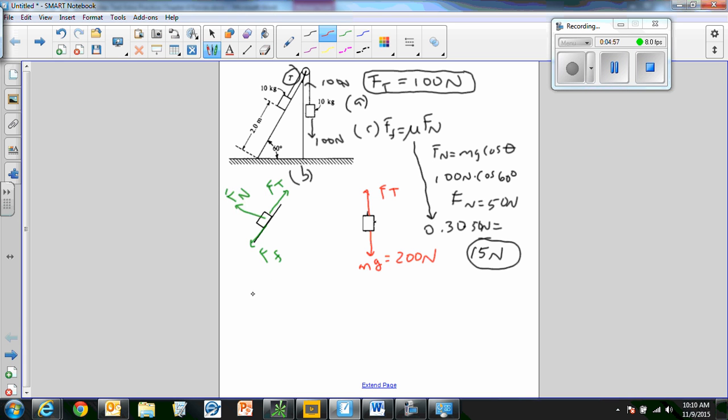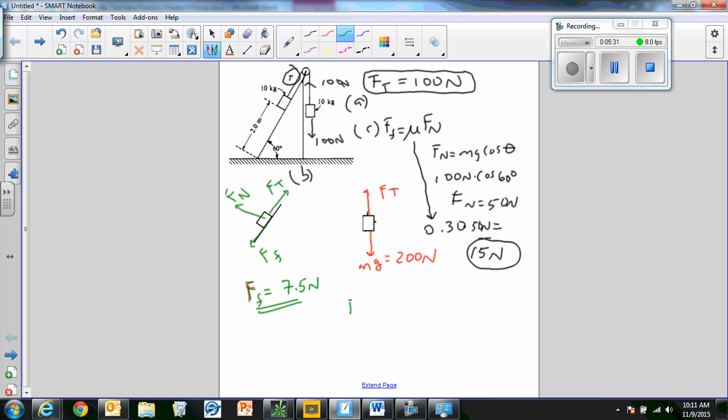So the frictional force is actually equal to 7.5 when it's moving. If it's moving at all, whether accelerating or constant velocity, that's going to be kinetic friction: the normal force, 50, times 0.15, which gives you 7.5.